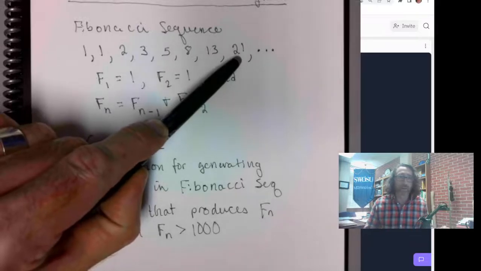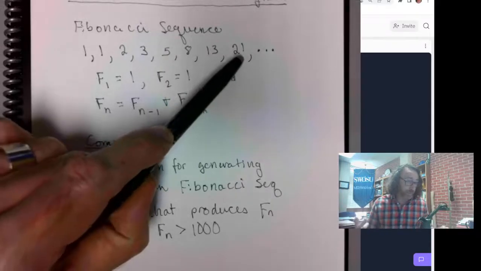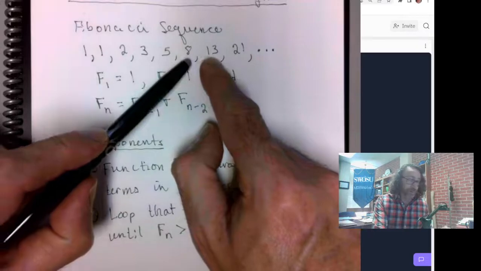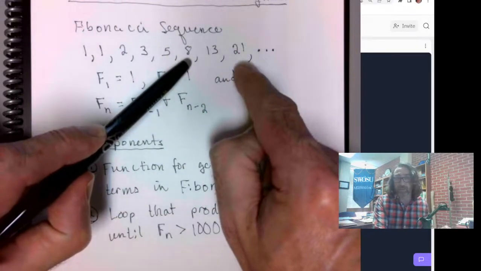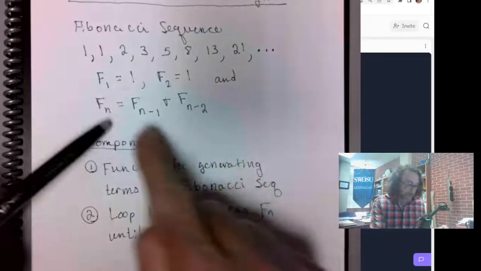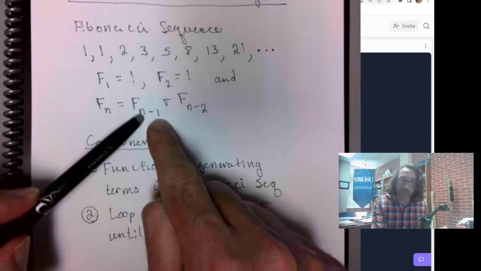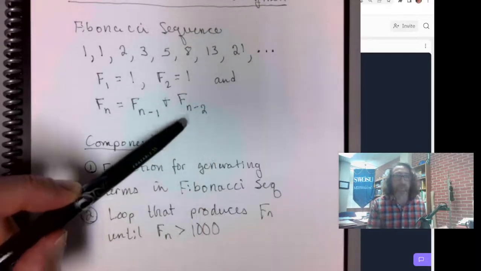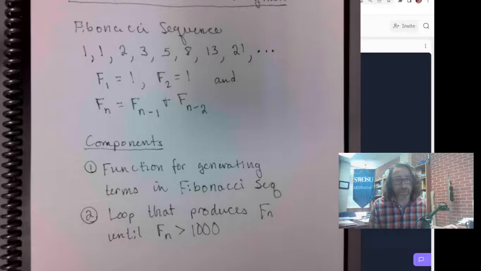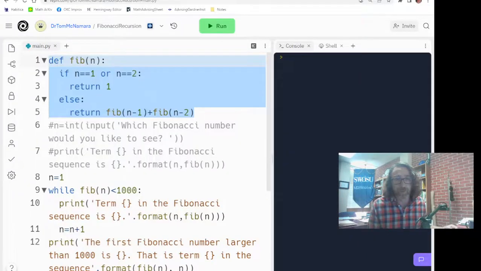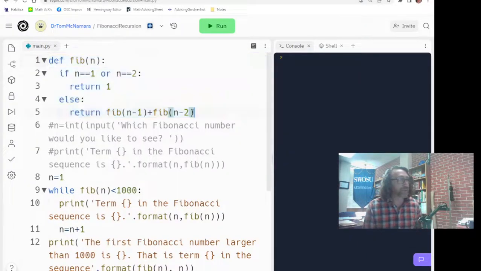Okay, so how do we get the 21? Well, we take the 13 and the 8 and add them together. So how do you get term number 8? You take term number 7 plus term number 6. So as you can see here, in our definition, the function's name is fib. I'm using the function structure in Python that starts with this keyword.